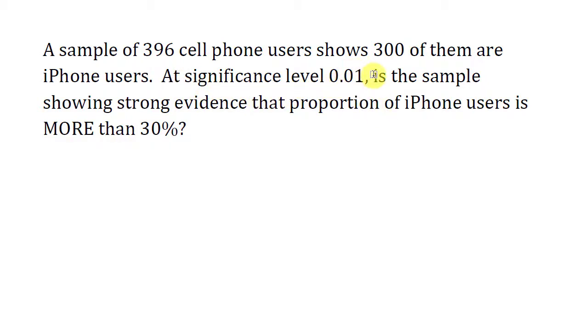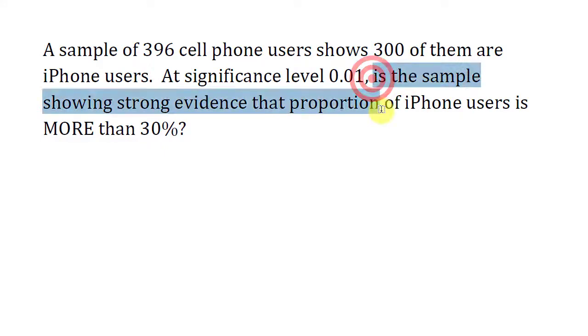But the main question here, the part that helps readers understand that we're being asked to conduct a testing hypothesis problem, is right here. Is the sample showing strong evidence? For now, you also don't need to worry about what it means by strong evidence. I will explain as we move on.